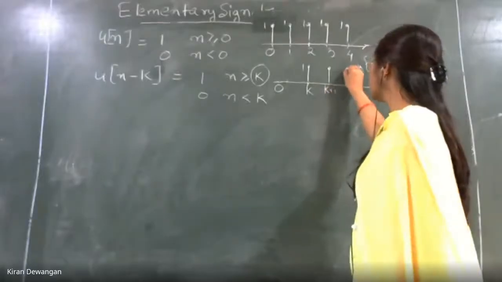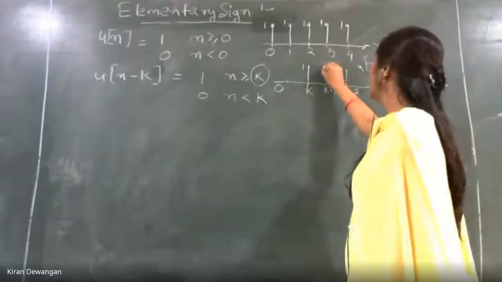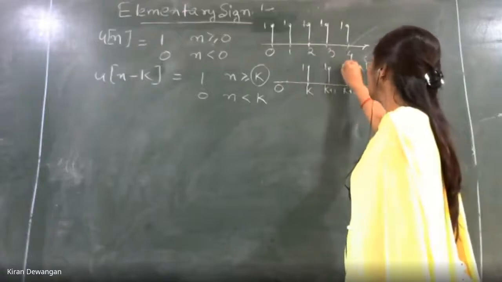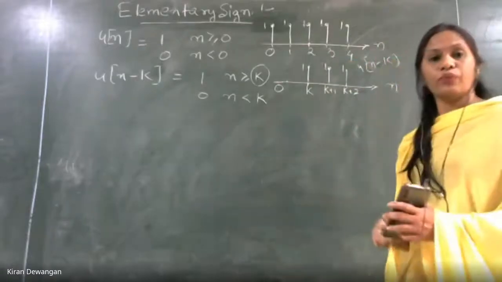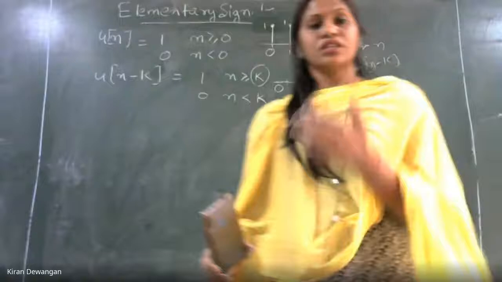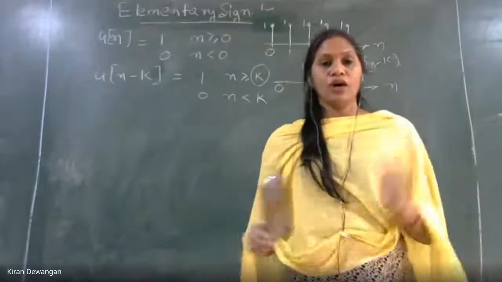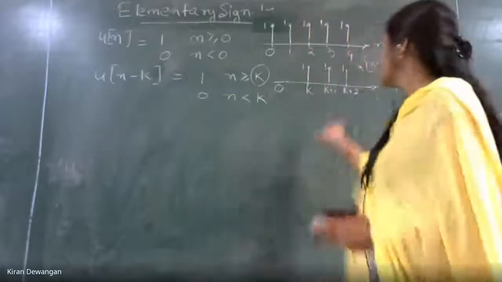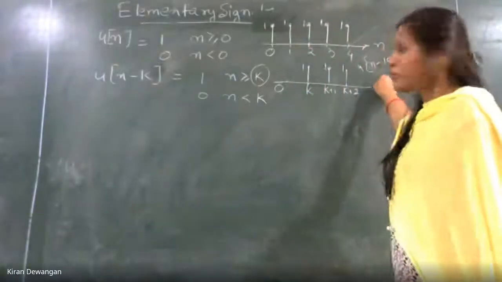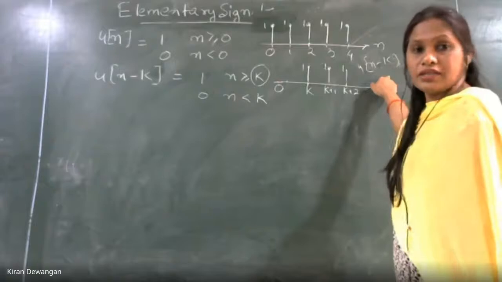It's k plus 1, then k plus 2, and it goes on. The values are also 1. So all the values from k onward will be 1. So this is u of n minus k.